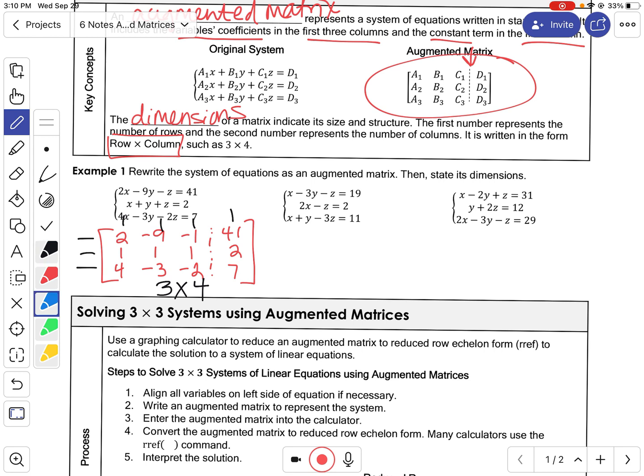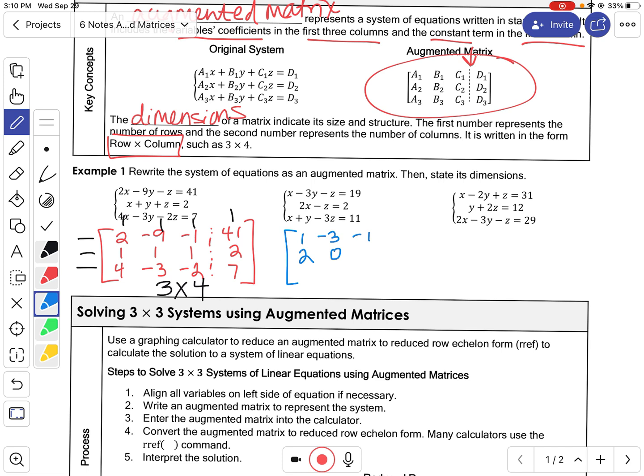So we're doing the same thing. This is an augmented matrix, just another way of solving. We'll get to the solving later on. So coefficients, we have a 1, a -3, a -1. We have a 2, and then notice we are missing a y. Remember, if we're missing a variable, we have to put a 0 in that position.